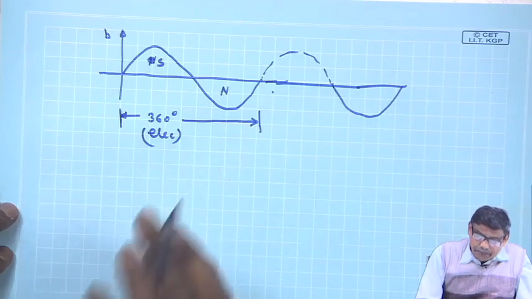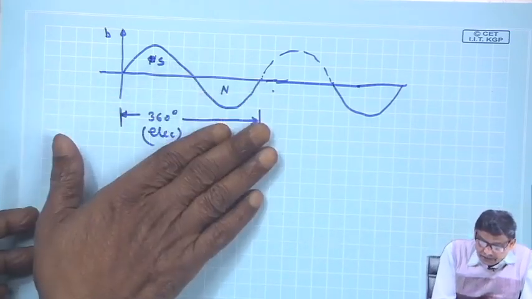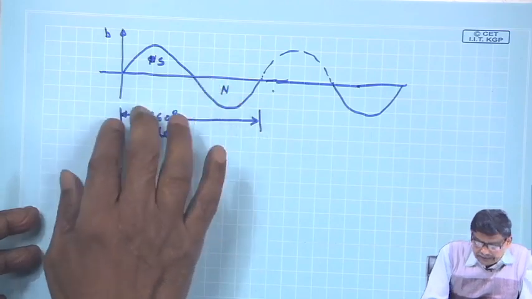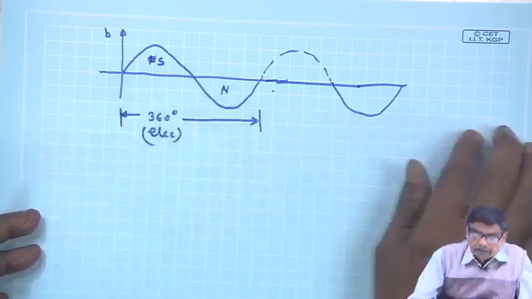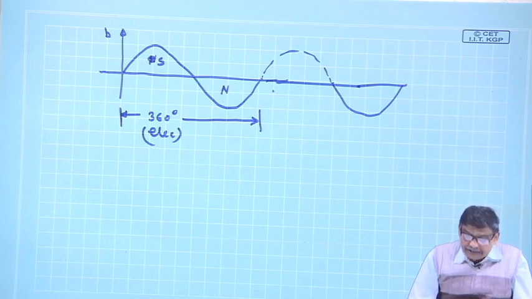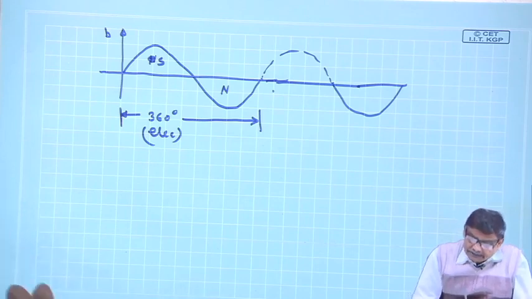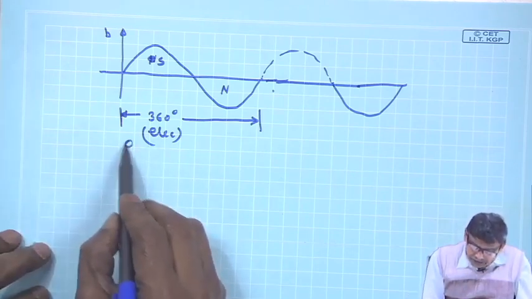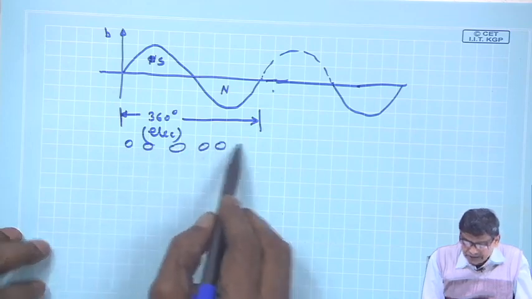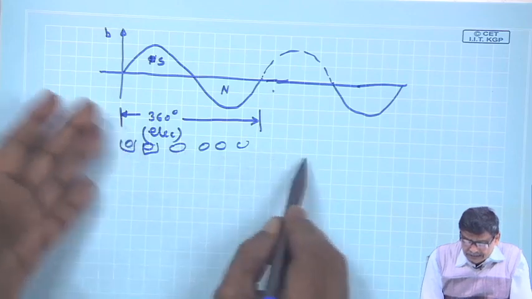Now, an interesting point should be noted: beneath this distribution there is an air gap and there are coils, conductors, moving. Now, at any instant of time, listen carefully, these are very easy, logical things. There will be conductors here, because they will be distributed in slots like this, we will see.